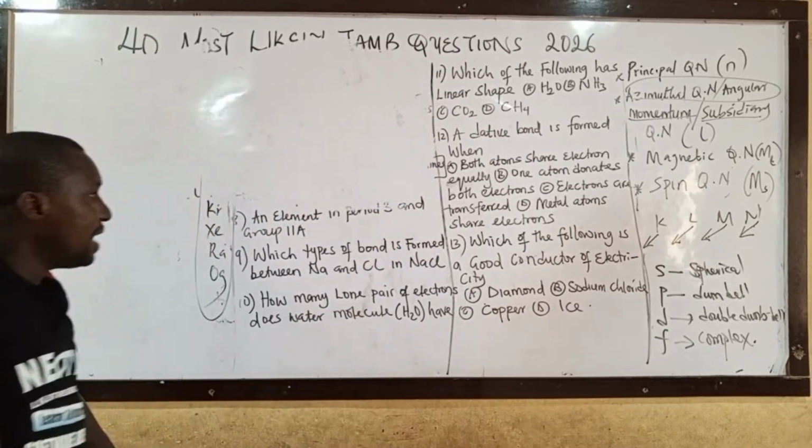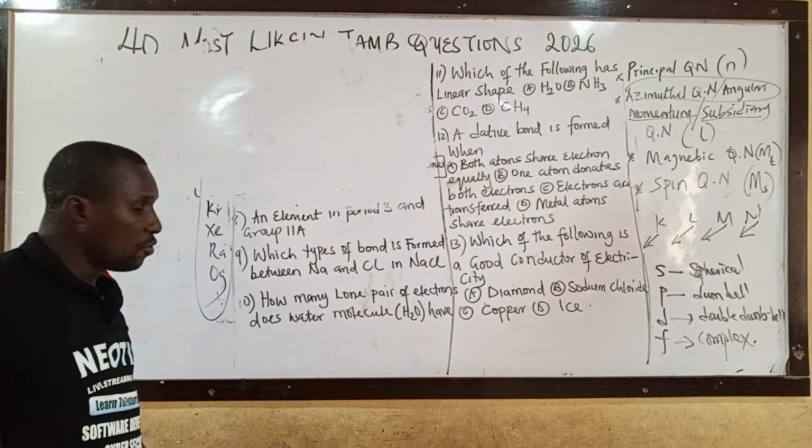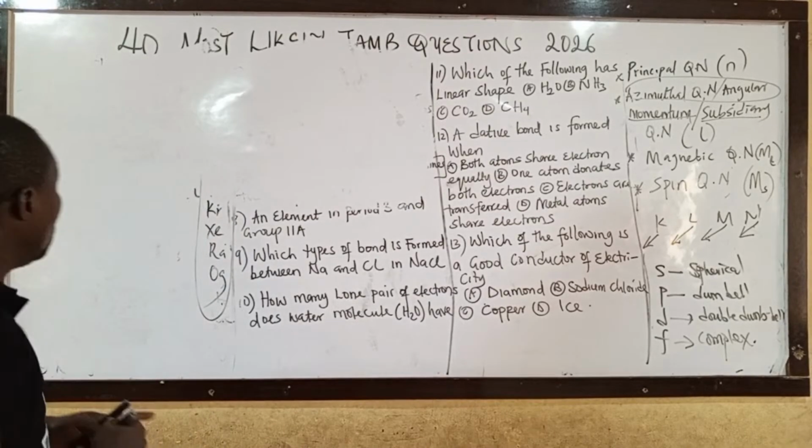An element in period 3 and group 7A is what? Period 3.